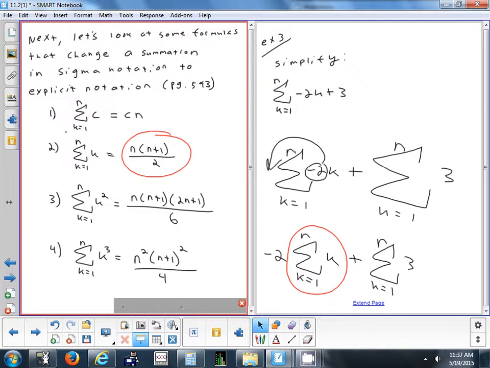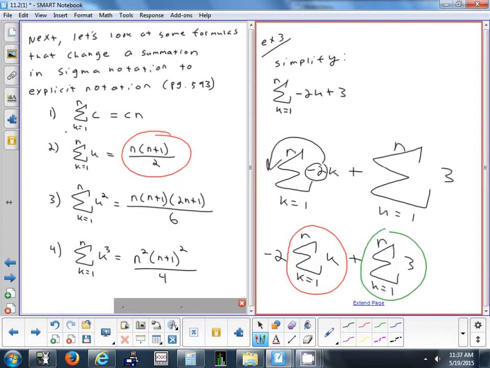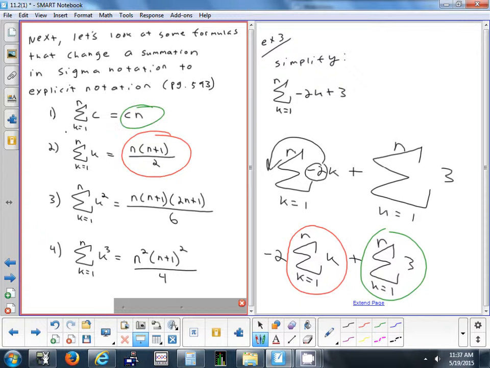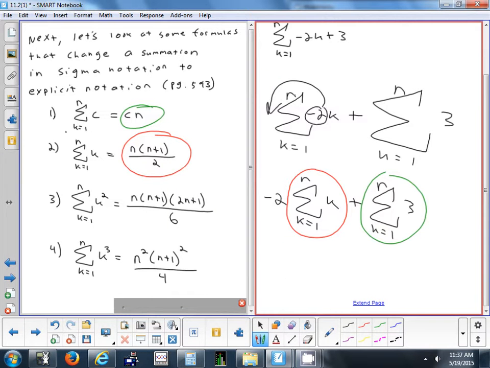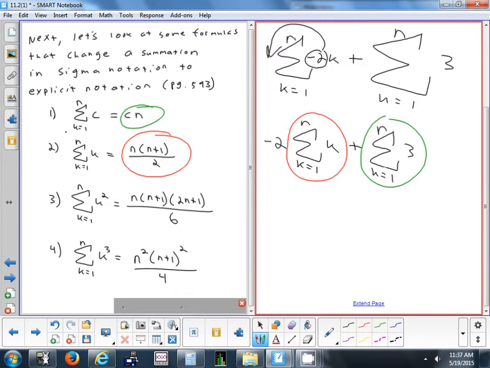This we have a formula for. So we'll substitute in. Okay, so Alex, what's the sum of k equals 1 to n of k?